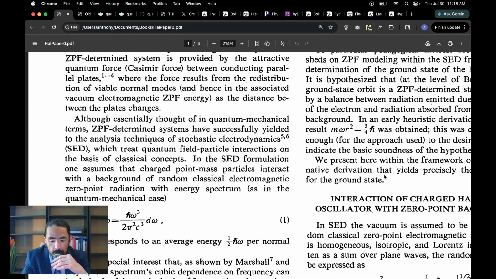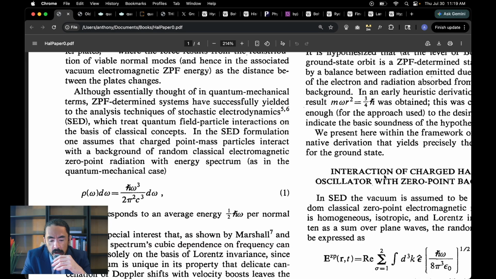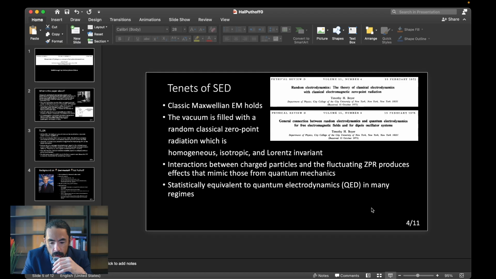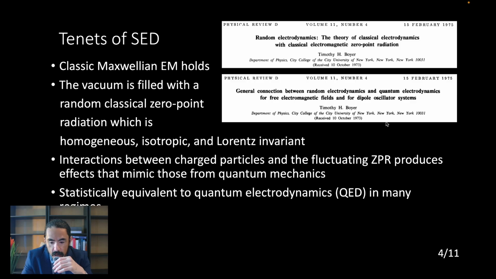Although essentially thought of in quantum mechanical terms, ZPF determined systems have successfully yielded to the analysis techniques of stochastic electrodynamics, SED, and I will note here, citations 5 and 6, those are these 2 papers by Tim Boyer from the slides that I put the titles in.